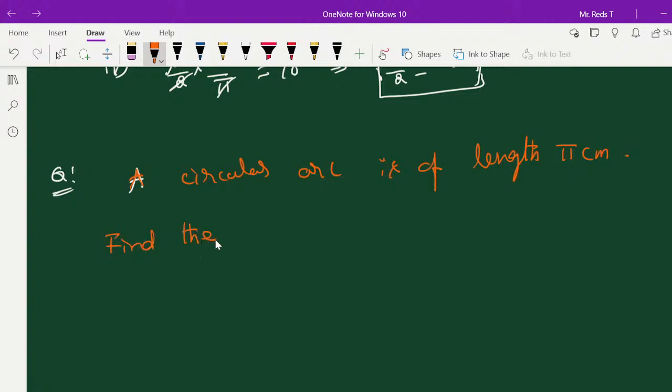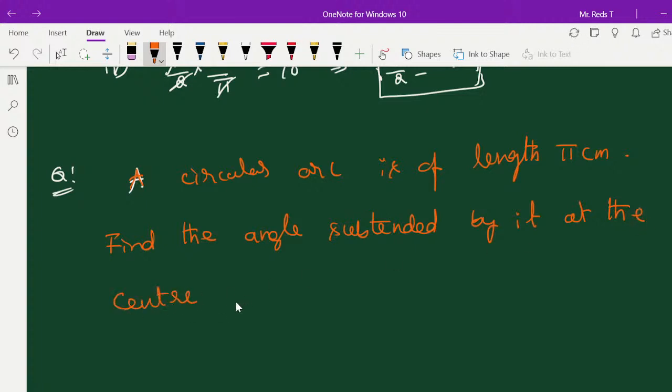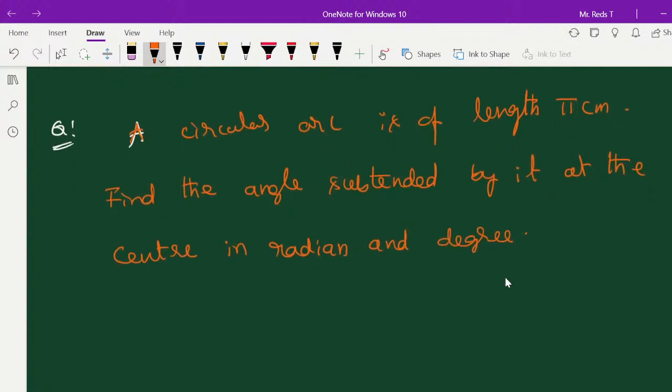Find the angle subtended by it at the center in radian and degree.